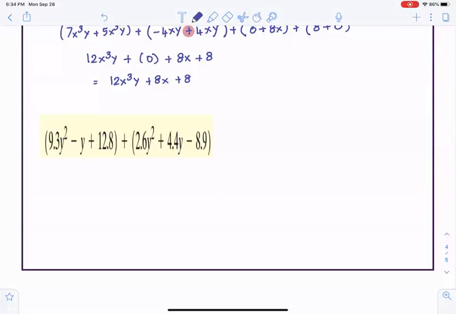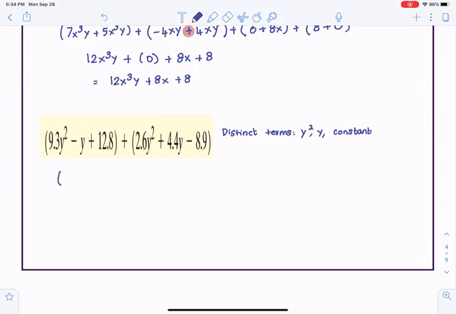So in this problem, we just have decimals instead of whole numbers, but the process is the same. The goal is to identify the distinct terms or like terms, call it whatever you want to call it. So y squared is one, y is the other one, constant is the other term.